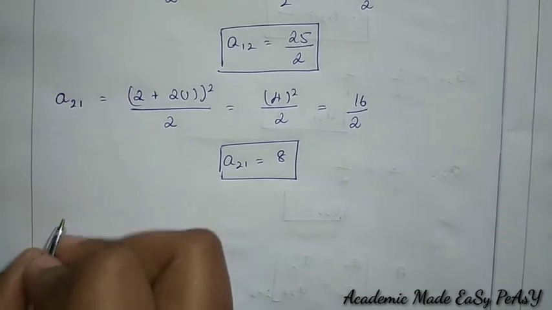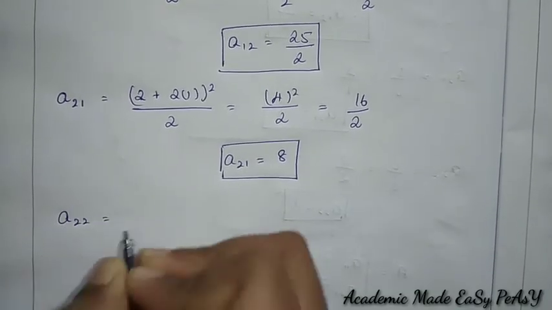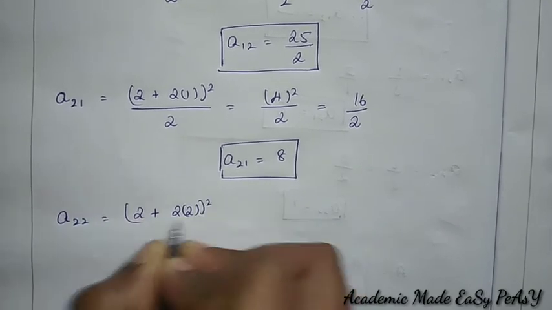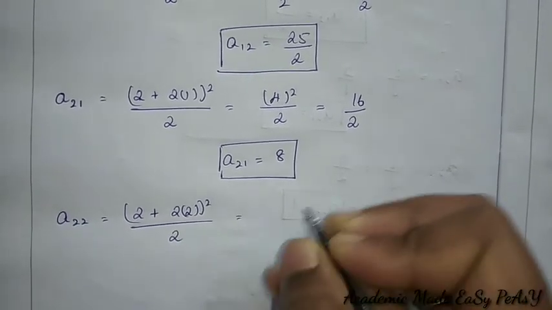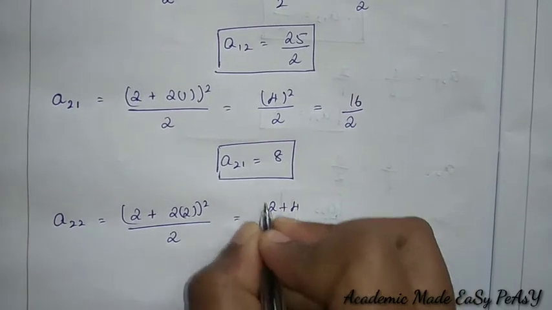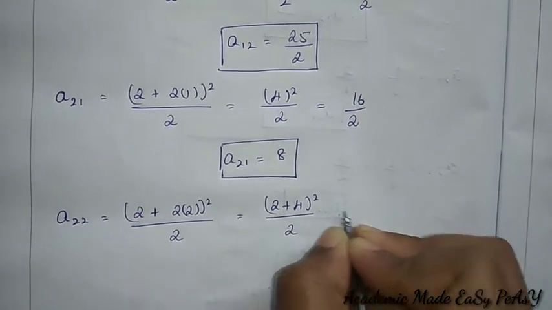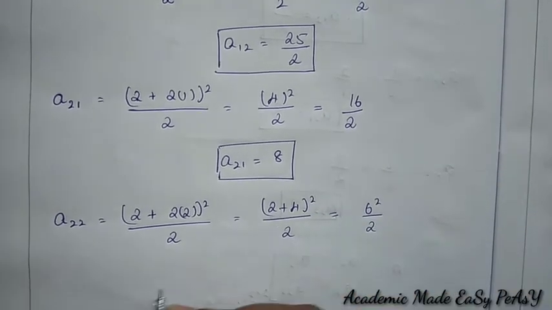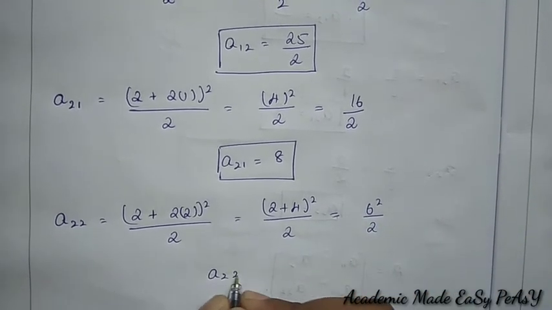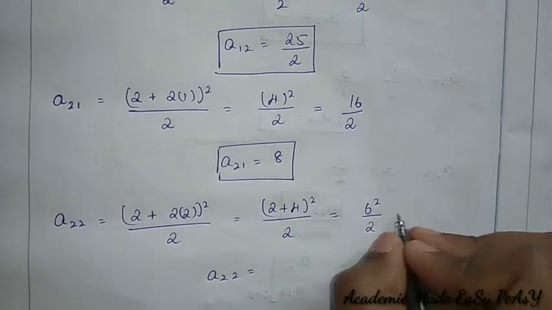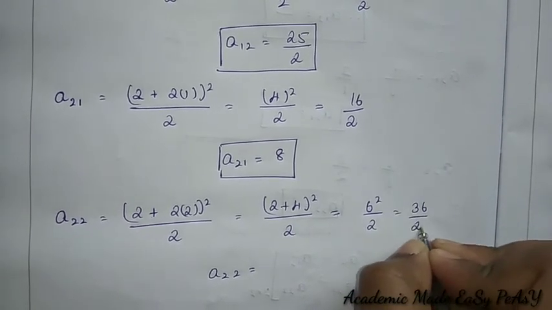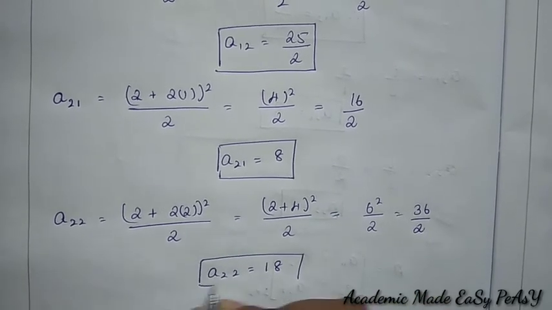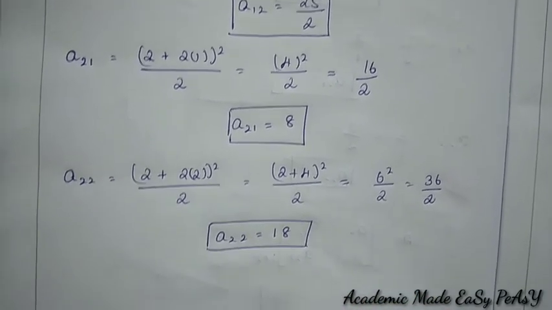Next, I will move on to A22, which is (2 plus 2 into 2) the whole square divided by 2, which is (2 plus 4) the whole square divided by 2, which is 6 square divided by 2, and A22 is equal to 36 divided by 2, which is 18. Therefore, I have found all the elements.